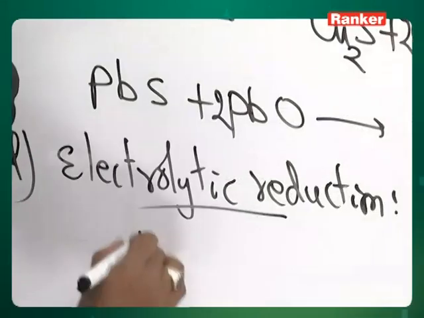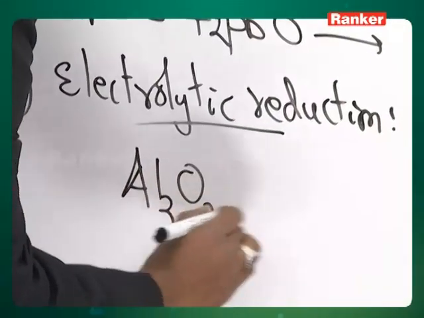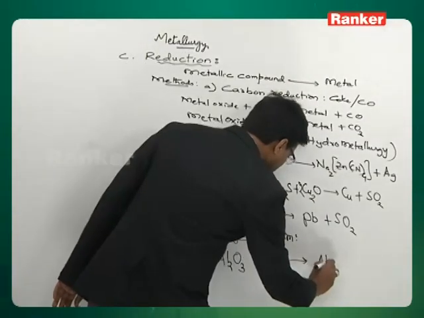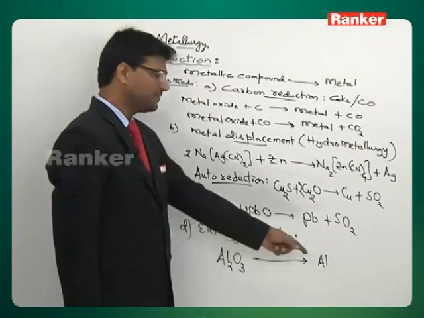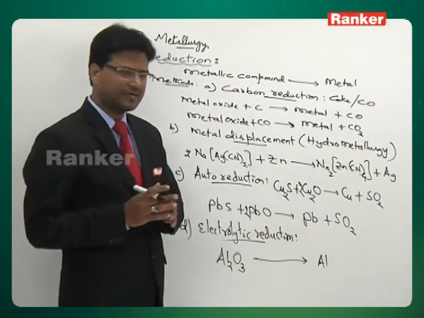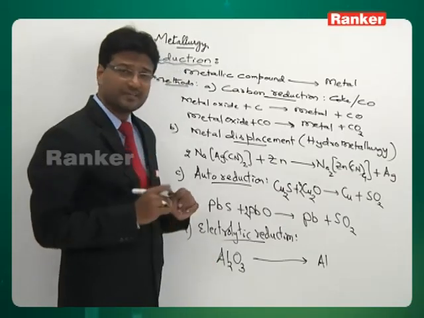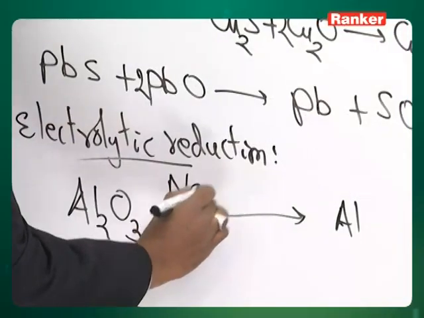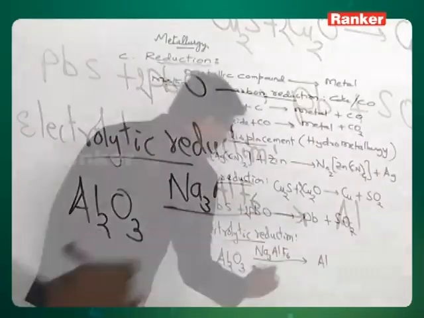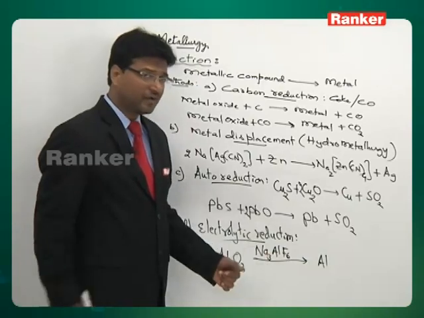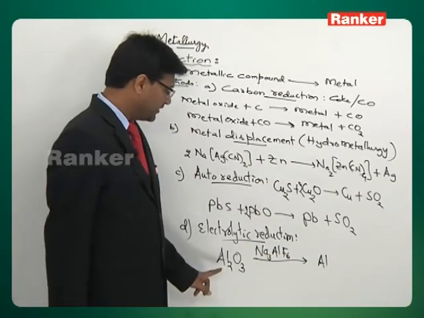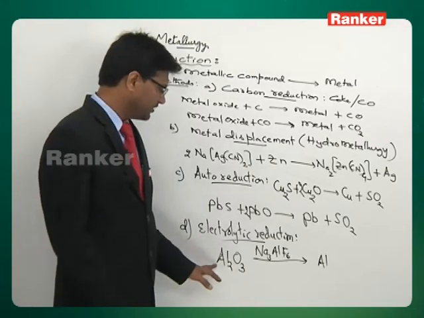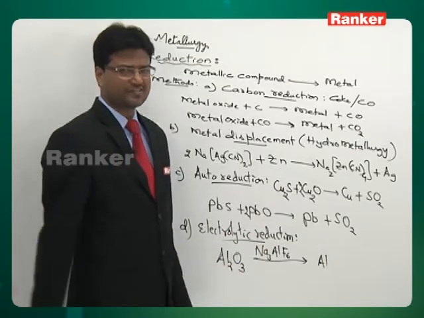For instance, Al2O3 is reduced to aluminium. This transformation is achieved by using electric current. But the problem is Al2O3 is a bad conductor. To overcome this, we add Na3AlF6, called cryolite. Cryolite solves two problems. It will decrease the fusion temperature of Al2O3, and it will also increase the conduction.